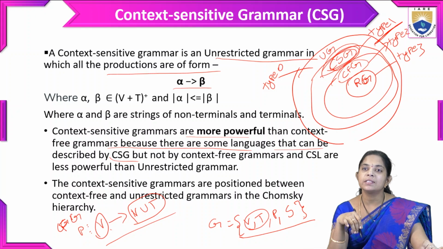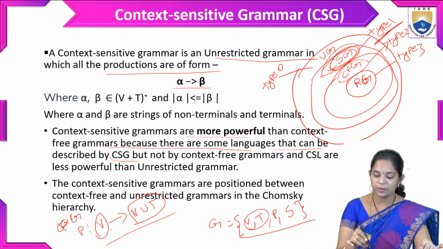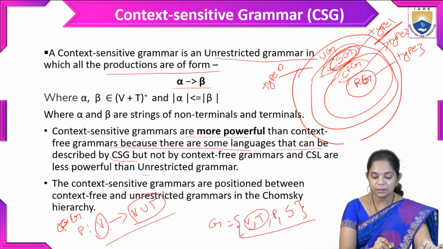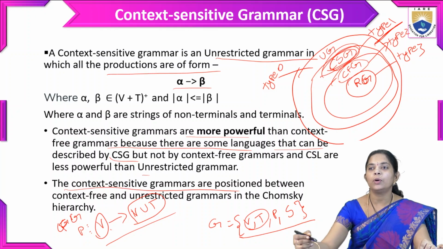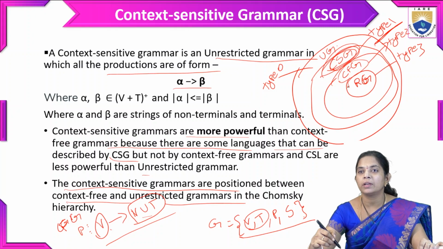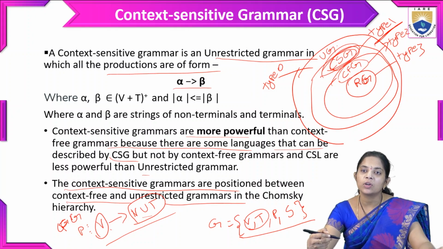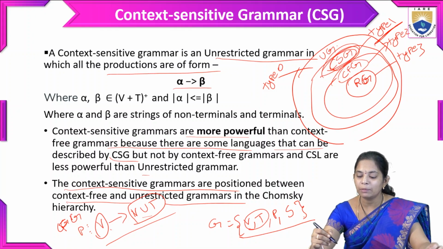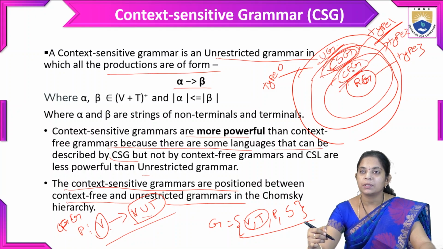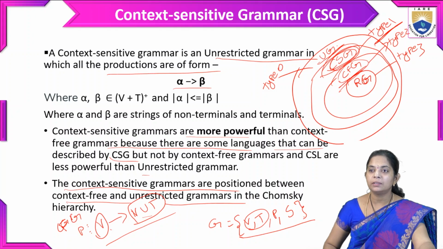That's why we can say that context sensitive grammars are more powerful than context free grammars. Context sensitive grammars are positioned in between context free and unrestricted grammars, which we already discussed. So this is about the context sensitive grammar.